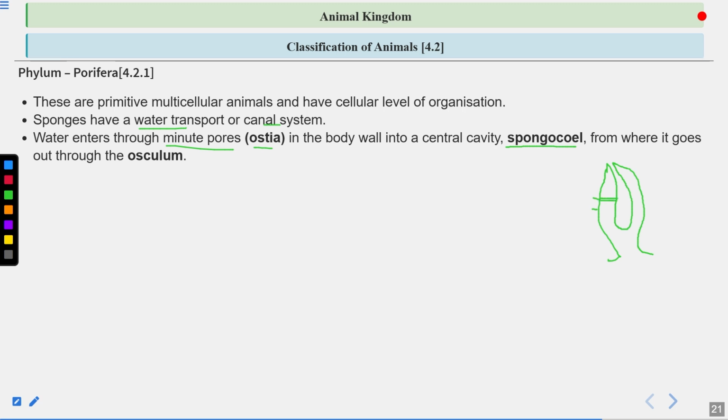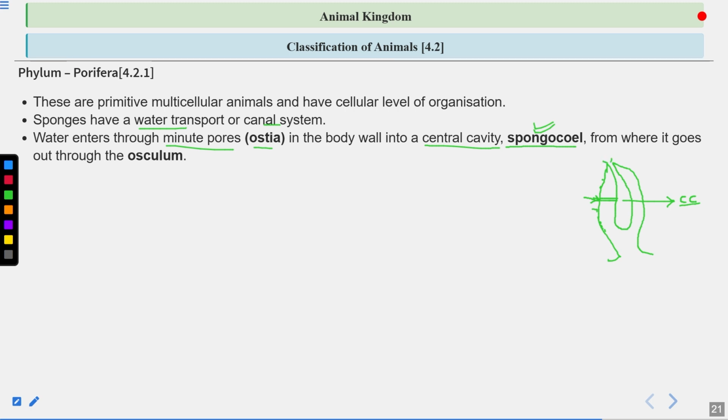From these pores the water enters and leads to this central cavity, the spongocoel. So water enters from this ostia, and this ostia is present all over its surface. Water enters from the ostia and makes its way inside to the spongocoel, right?